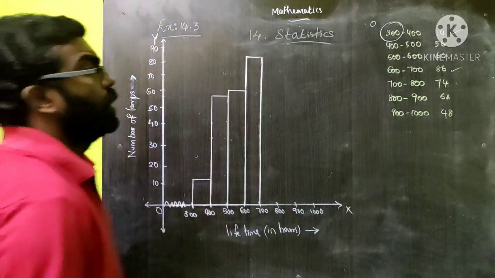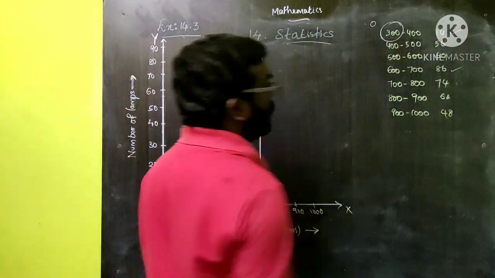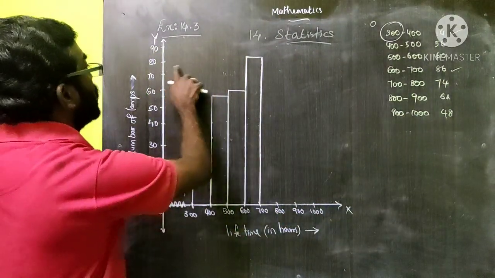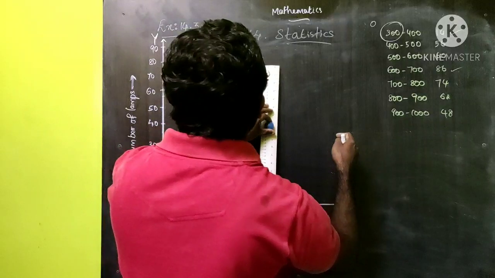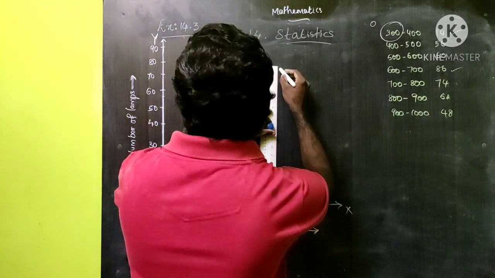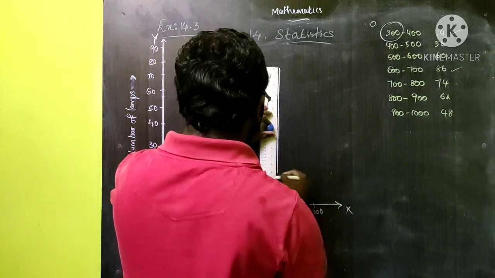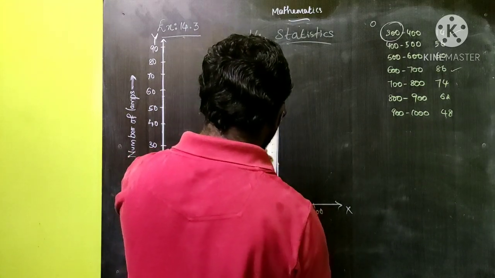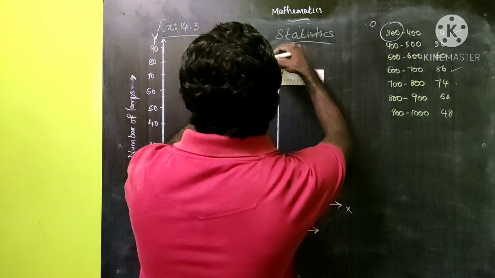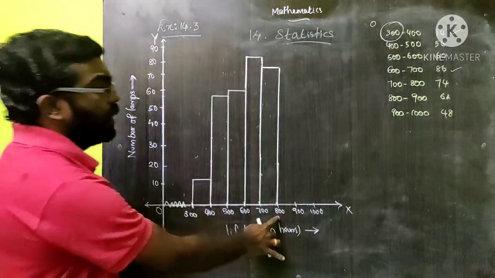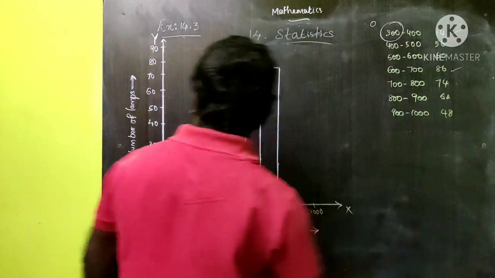Then 700 to 800, it is 74. And 800 to 900, it is 62.